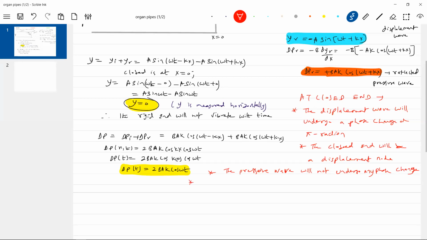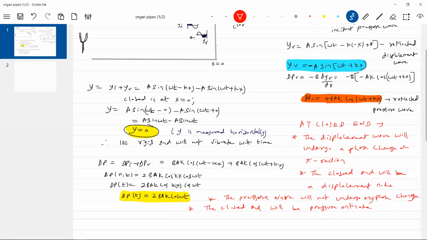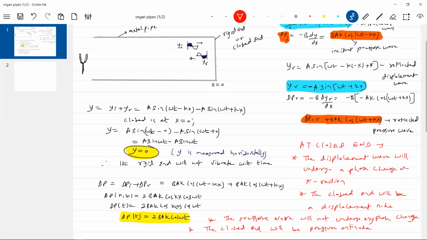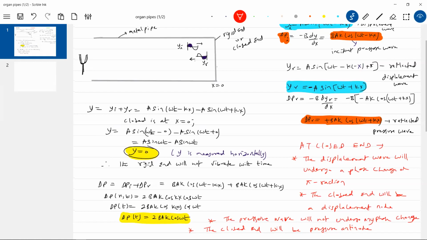What about the closed end? The closed end will be a pressure antinode. Okay, I agree with this. So these are the points which I'm summarizing. So the closed end should be a displacement node.